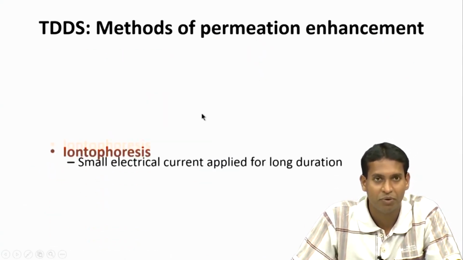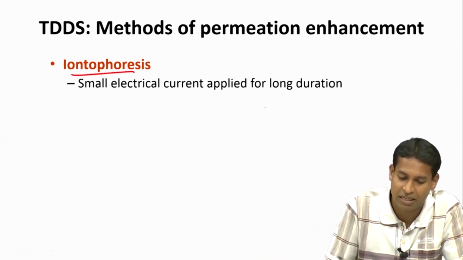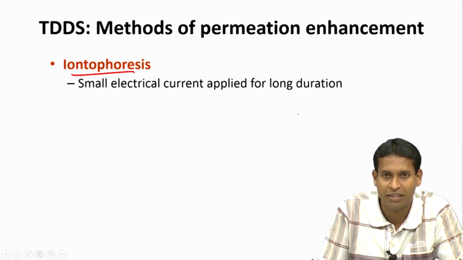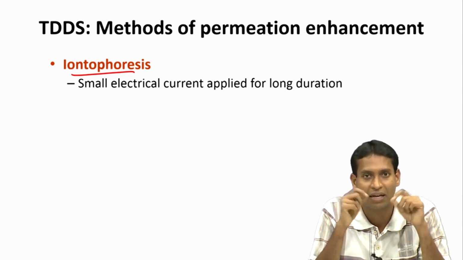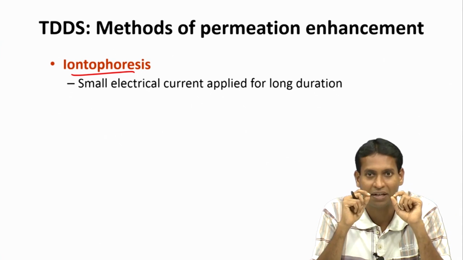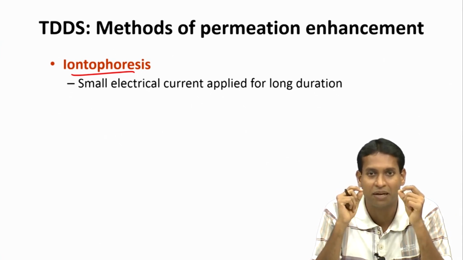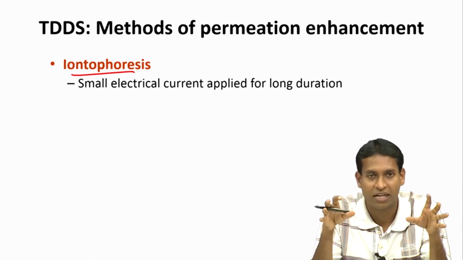So let us talk a little bit more. Then you have another method which is called iontophoresis, and this is a more recent method that has come up. In this you apply a small electrical current for a long duration, and because of this small electrical current, the layer gets destabilized due to the movement of ions, and all these lipids also get charged and move around.